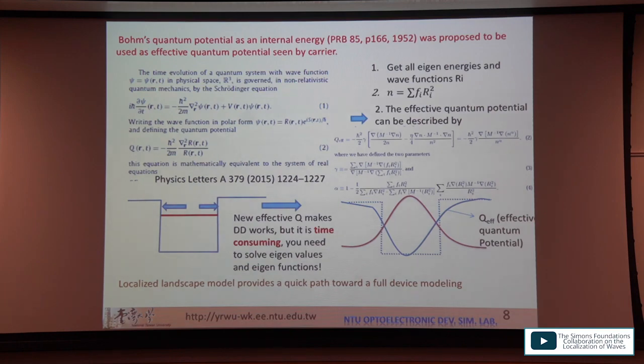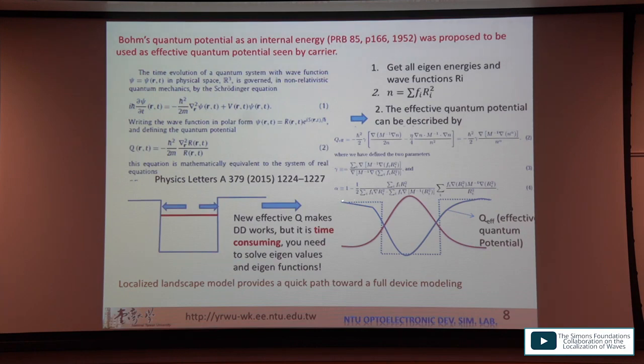To calculate it, you need to do some convolution of your carrier density distribution, and then come back to calculate the effective quantum potential. You still need time, especially since the method requires solving the eigenvalue and eigenfunction problem. It's okay for 1D simulation, but going to 2D and 3D, the time needed to get the effective quantum potential is almost impossible.